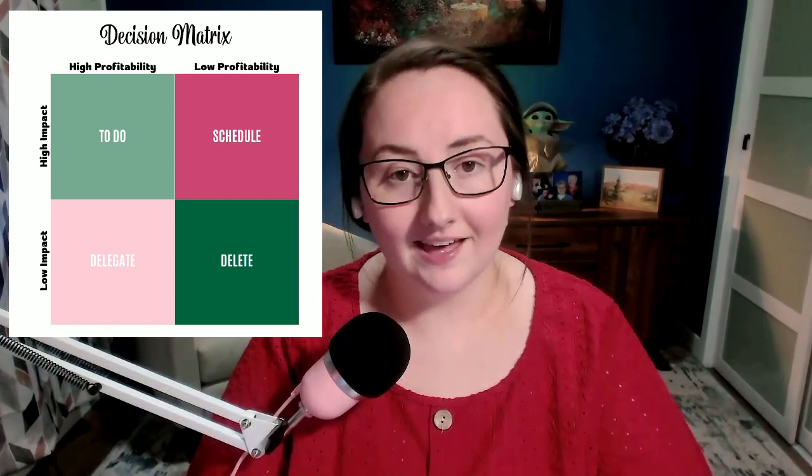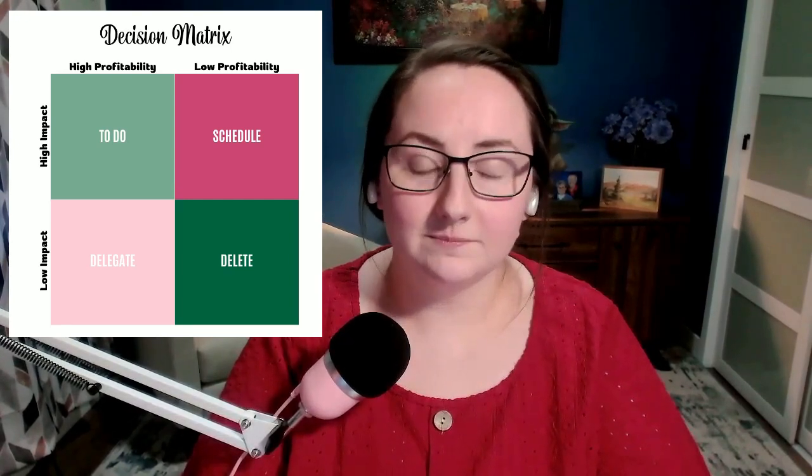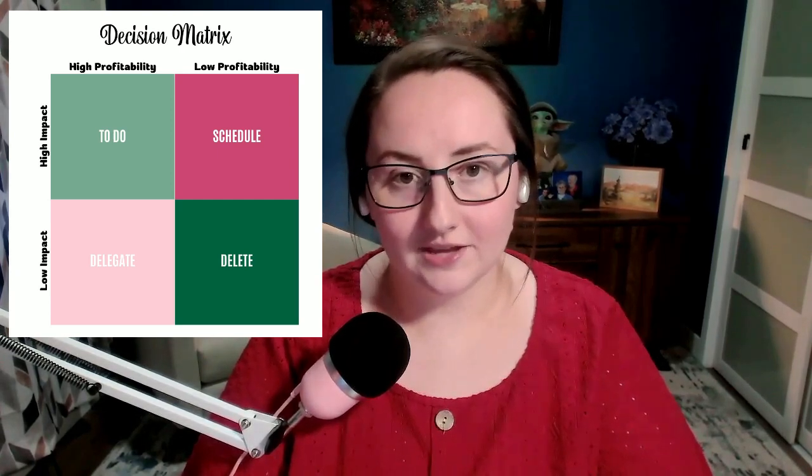So another decision matrix that I really like and I think is applicable for entrepreneurs is comparing the profitability to the impact. So how much money, how much profitability is in that particular task, and how much of an impact does it have on the company or on the customer, right? So, for example, high impact, high profitability, you should probably be handling those tasks and you should probably be getting them taken care of pretty quickly, right?